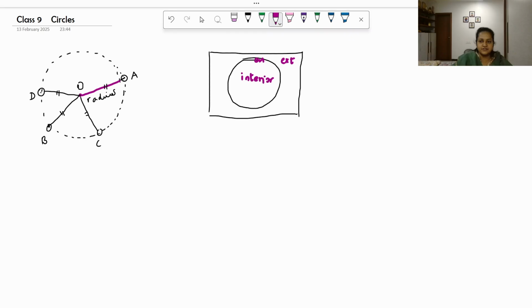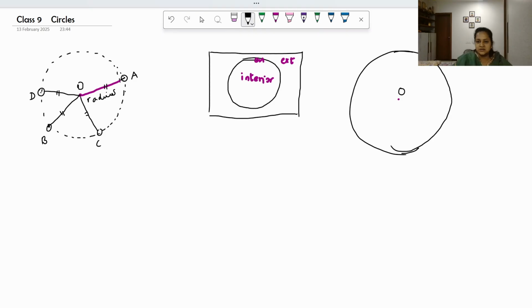Next, if we look at the different terminologies in a circle, say O is the center of the circle. Children, the circle isn't perfect, but I hope you'll assume it to be.